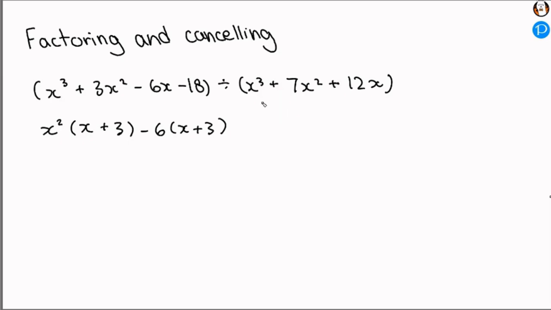Now let's factor the divisor. So we have x to the power of 3 plus 7x to the power of 2 plus 12x. All of them have an x in common. So let's factor x out.